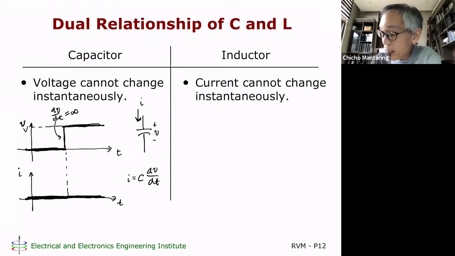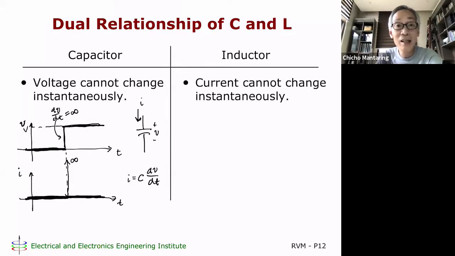So ibig sabihin, nagkaroon tayo ng current dito, a momentary current, you call it an impulse current that went all the way up to infinity. Is that possible? Question, is that possible? Can I have an infinite current that flows momentarily? In reality, it's impossible.